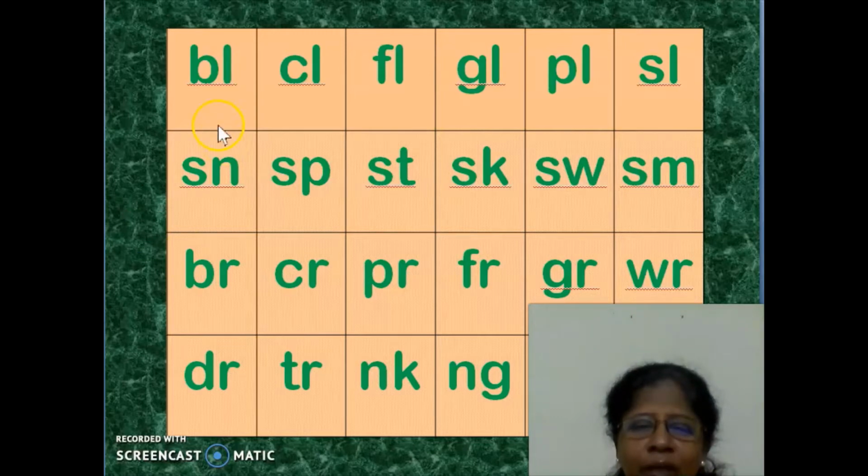That is, when two letters come together, when two consonants, this is the English alphabet B, it makes a sound B, and this is the letter L, and it makes the sound L. When you see that together, you read it as bl, bl, okay, blood. Here you see cl, clean, cl.